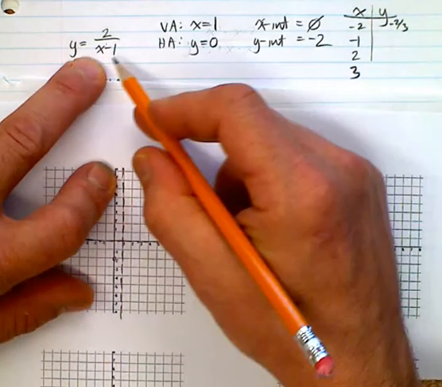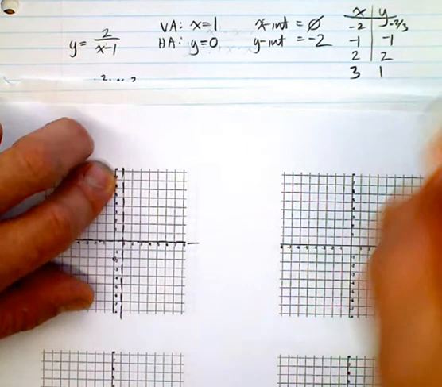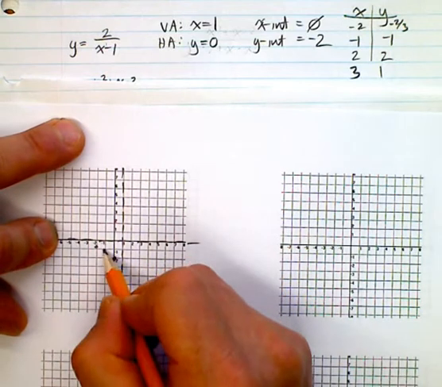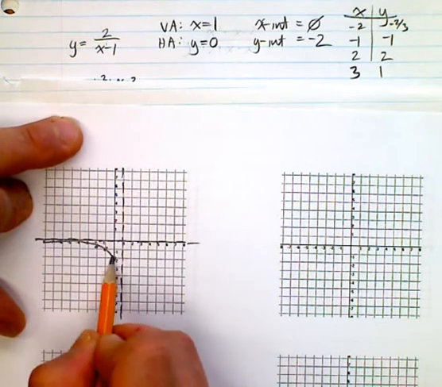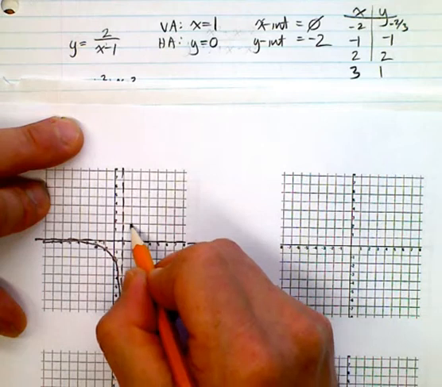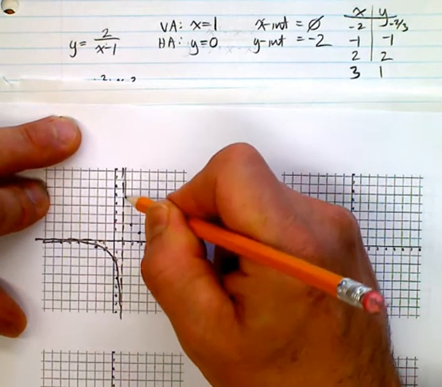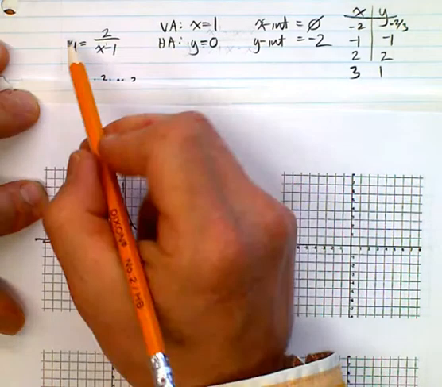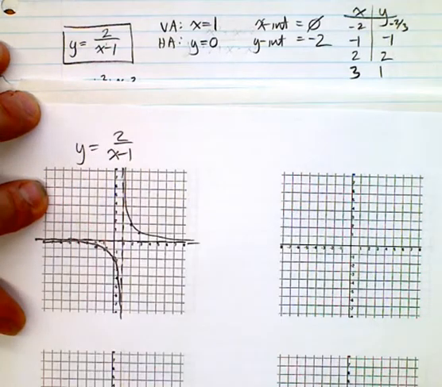Negative 1 would give negative 1, 2 would give 2, and 3 would give 1. You're getting an idea here, and there you go. You've graphed this function: y equals 2 over x minus 1.